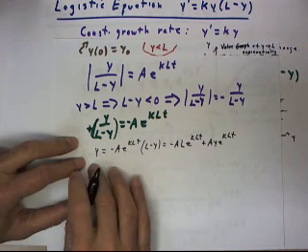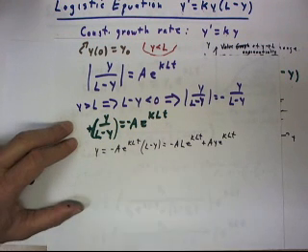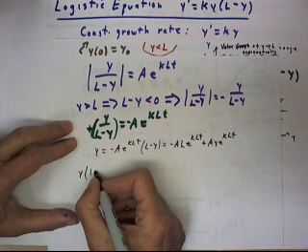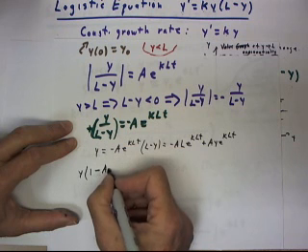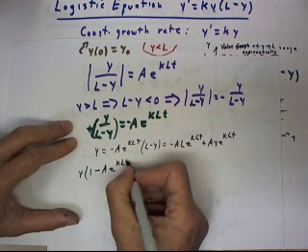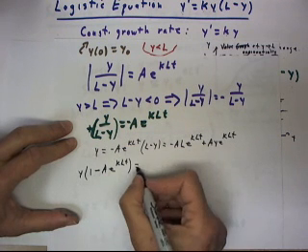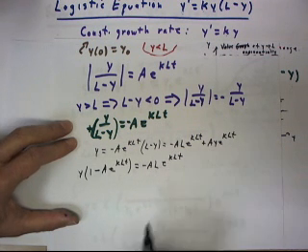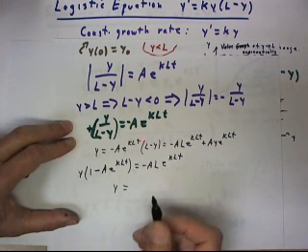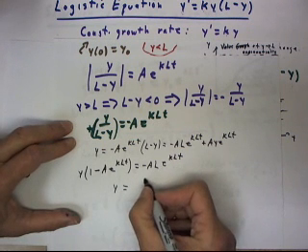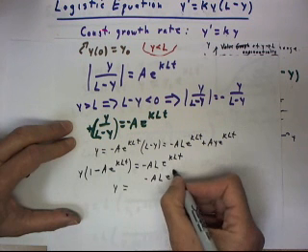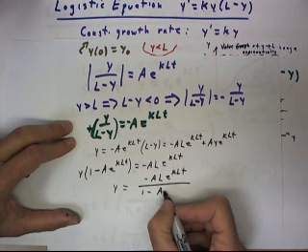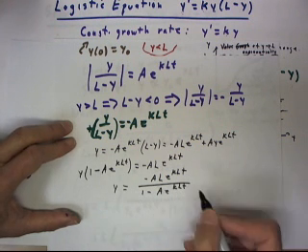Rearranging the equation so that the y's are all on the left side, and factoring out a y, we get y times 1 minus A e to the KLT equals negative A L e to the KLT, so that y equals negative A L e to the KLT over 1 minus A e to the KLT.